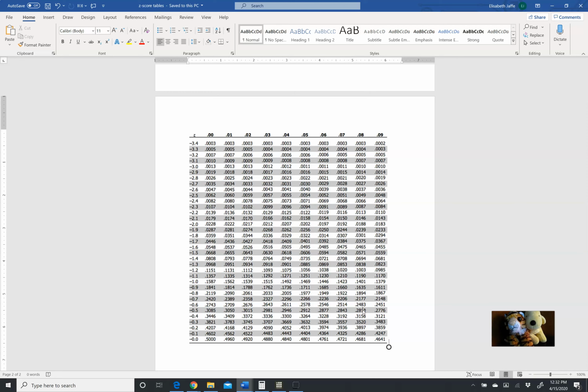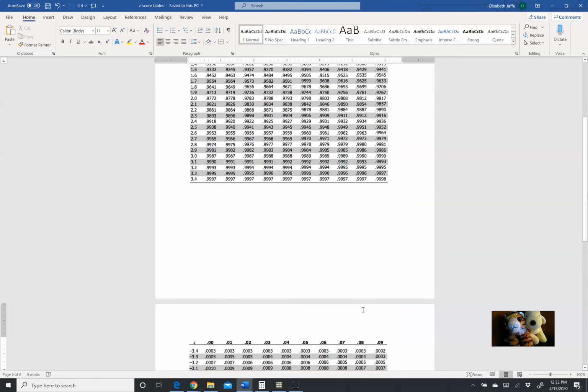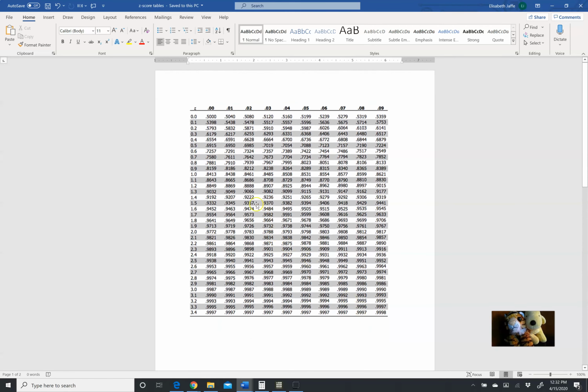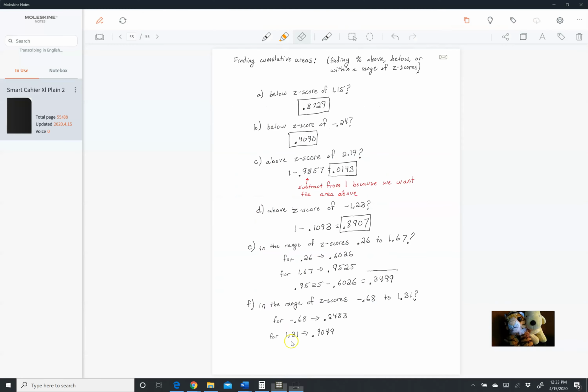And then the other one for 1.31, we go up to the positive. So 1.3. Again, be careful here because it's easy to start counting at 1, but this is the one. Look at the top. It's 0.9049. And then we just subtract these, and that'll give us the percent of data that's in between.